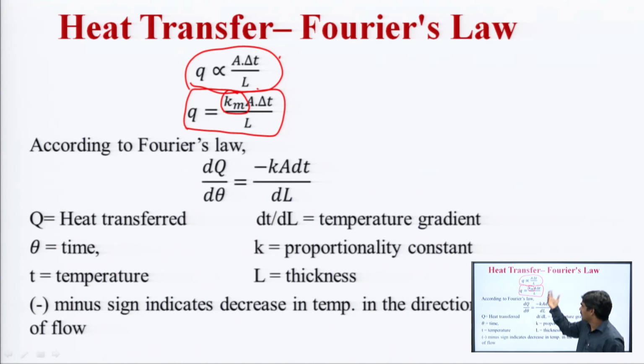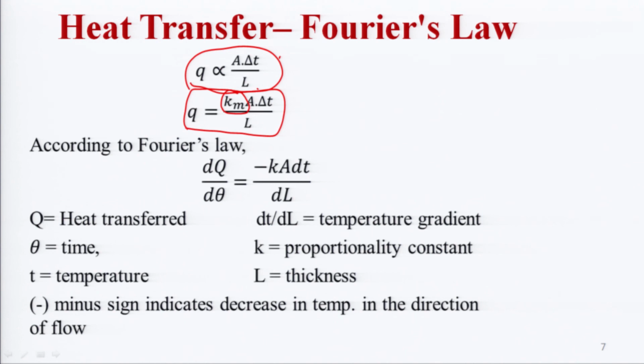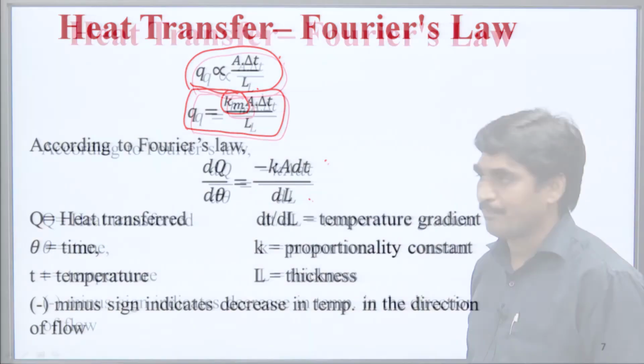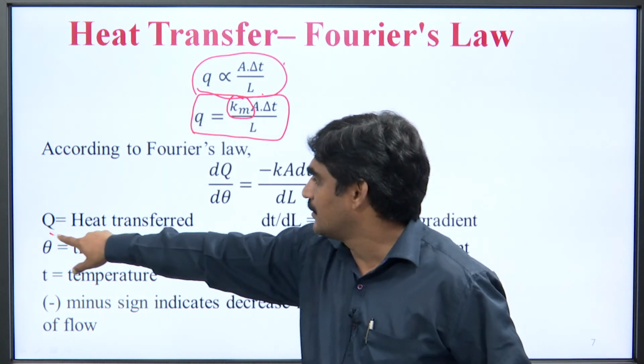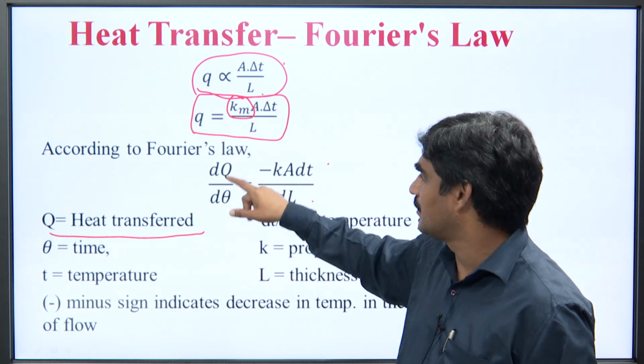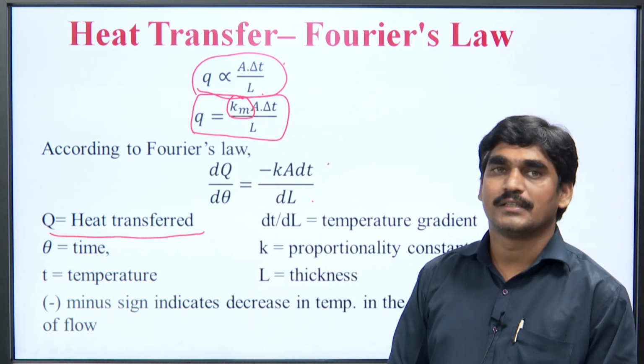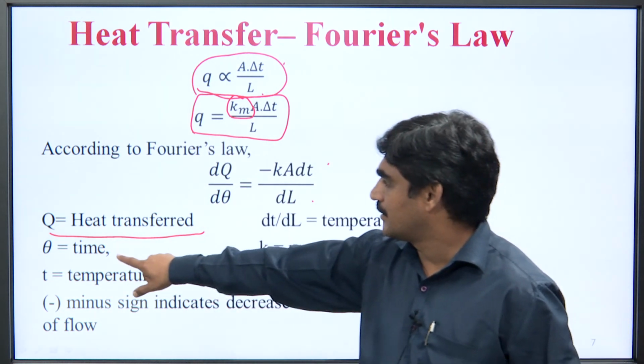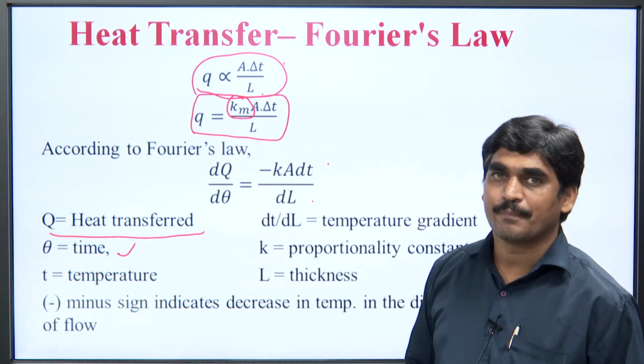Okay. So, according to Fourier's law, let us write this equation in derivative form: dQ by d theta is equal to minus k A dT upon dL. So, what is Q? Q is heat transfer, that means this capital Q is called heat transfer, theta is the time.